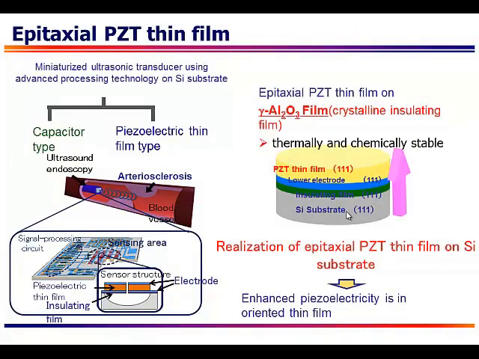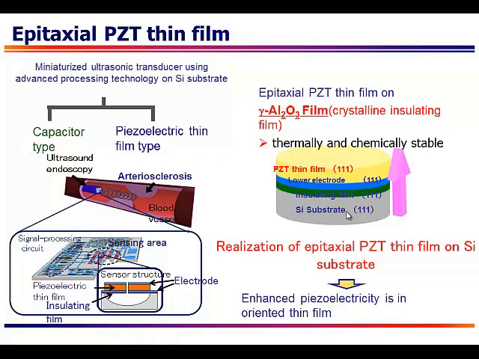So how we integrated the epitaxial PZT thin film here. On the right side, you can see the silicon substrate, that is 111, and on top of that, we use the insulating film. That is our great expertise that we have.